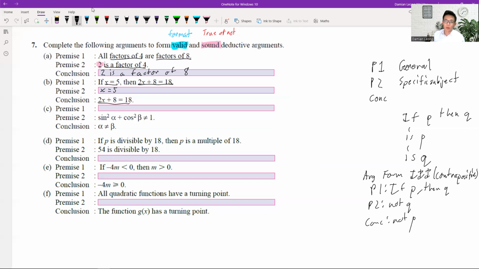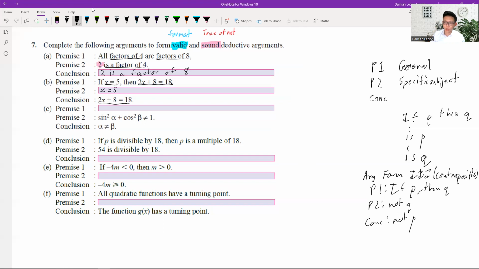This one, premise 2 is sine square alpha plus cos square beta is not equal to 1. Conclusion, alpha not equals to beta. Now, this is not and not, which means it's using the contrapositive.